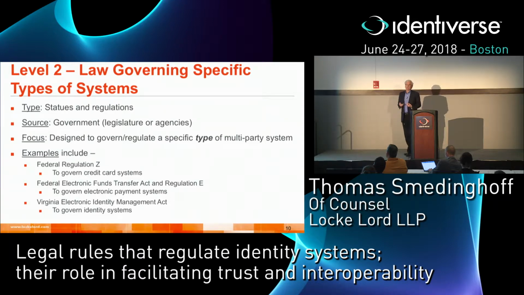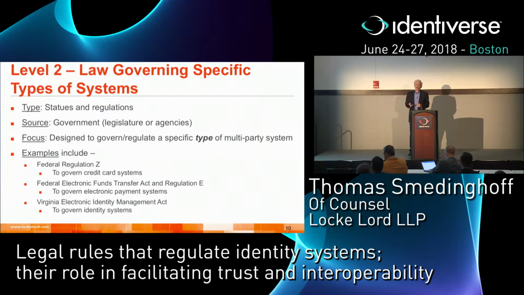For example, in the credit card arena, we have a law called Regulation Z, which is issued by a federal government agency that regulates credit cards. That's the law that says you're not liable for more than $50 if you lose your credit card. That's the law that says if I want to issue you a credit card, I've got to make a disclosure of how many days you have to pay and what the interest rate is and a variety of things that you typically see in that box that always appears on the credit card solicitations.